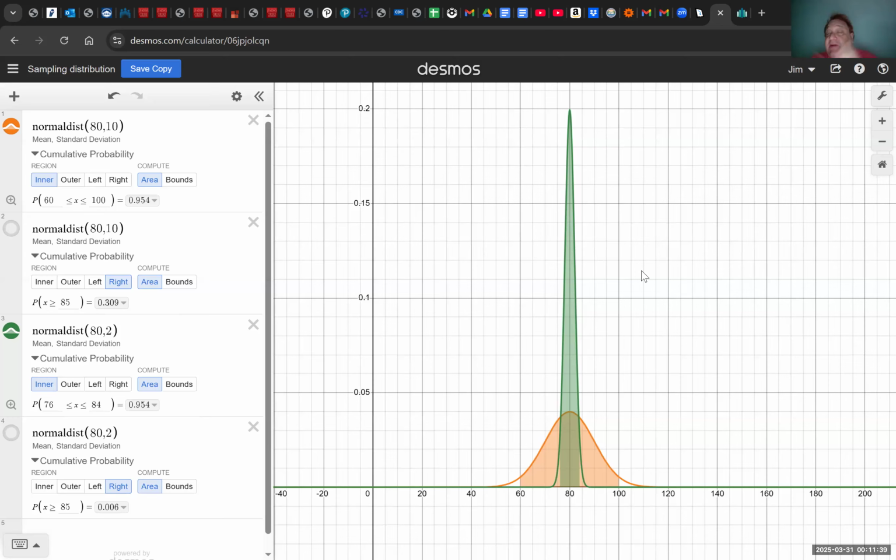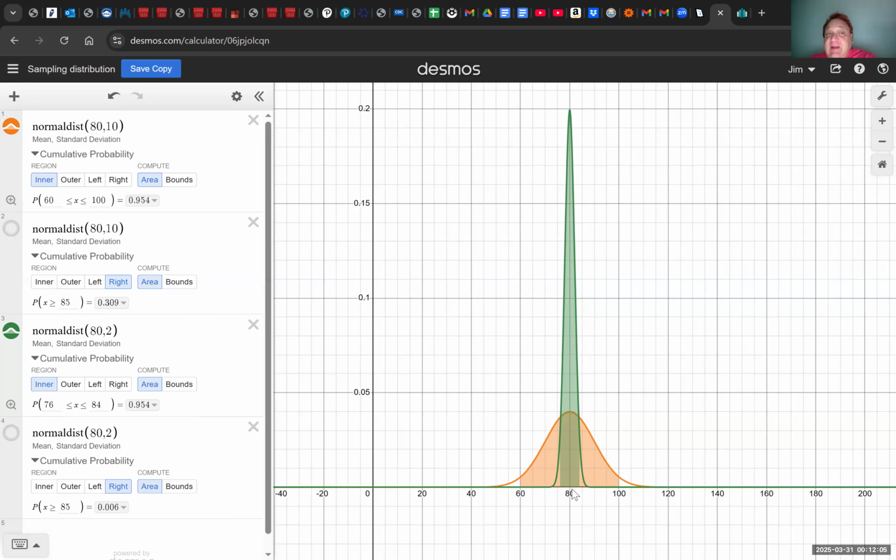And so we need more data packed into a smaller spot. So just like our histograms, if you have more data, the box gets higher and higher. So in this case, if you have more data close to 80, the frequency will go higher and higher and higher. Like it's like 20% at the peak right here, the data is all right near 80, right? So it just smooshed in together.